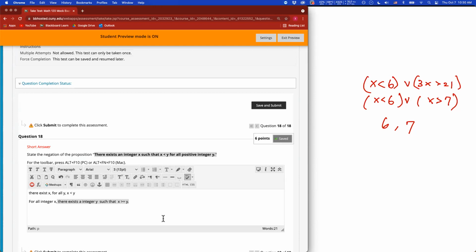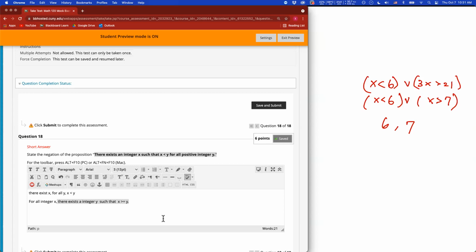For integer x such that x greater than y for... Yeah, when you do that, it will sound weird. You will not know which one comes first. If you have that statement, it will be very confusing.